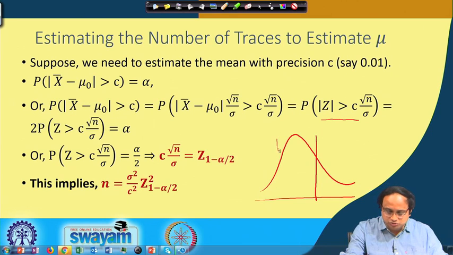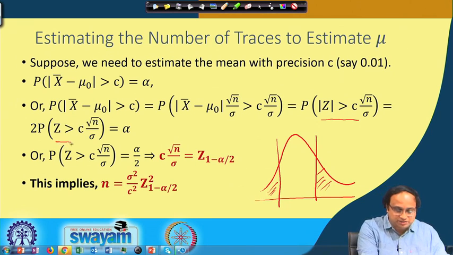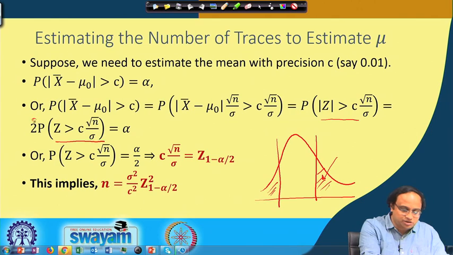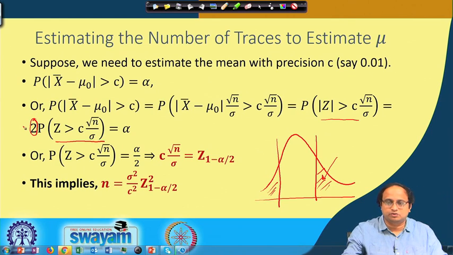That means you are bothered about both these regions, this region as well as this region, because the absolute value is important. When you are writing that z is greater than this, you are only writing this region. So, in order to account for that, you bring in this factor of 2, and therefore write P of z greater than C square root of n by sigma is equal to alpha by 2.